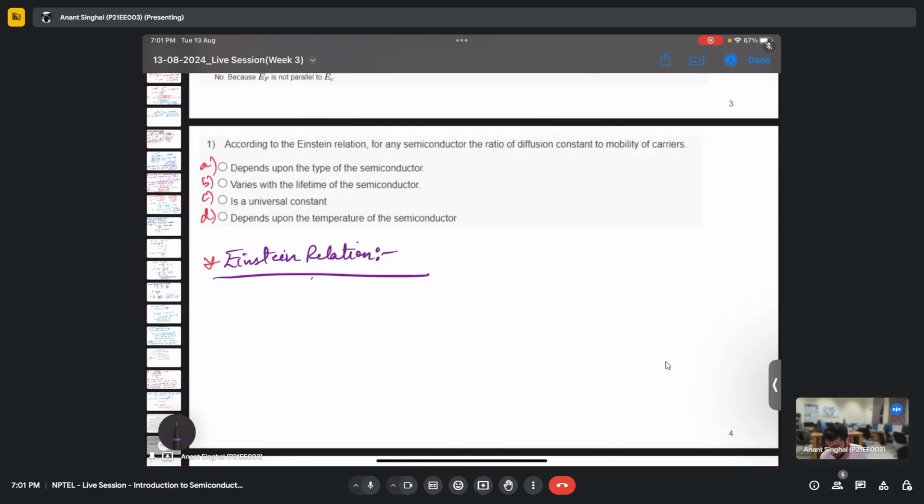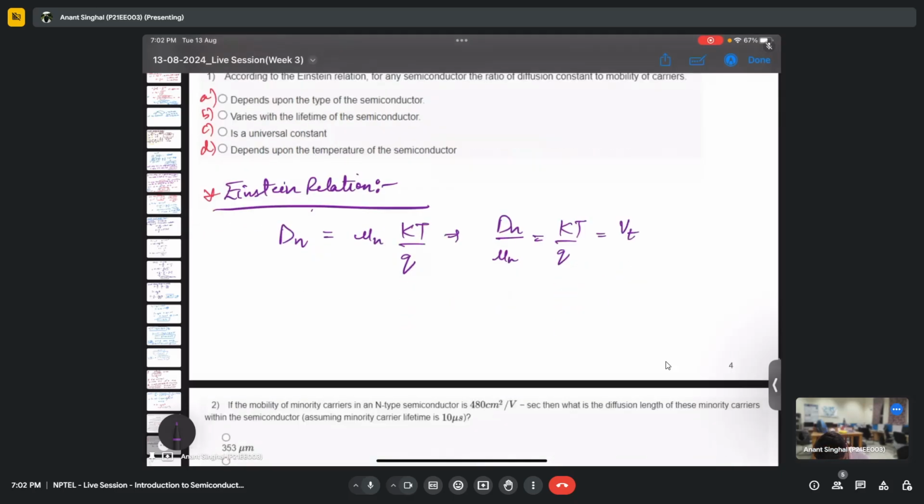According to the Einstein relation, the diffusion constant Dn equals mu n kT by q. That is, we can write Dn by mu n is kT by q. kT by q is nothing but the thermal voltage, which is also denoted as Vt. And for p type, we similarly have Dp equals mu p kT by q, or Dp by mu p is equal to kT by q, which is again the thermal voltage.